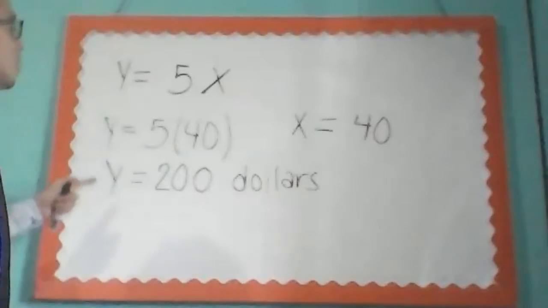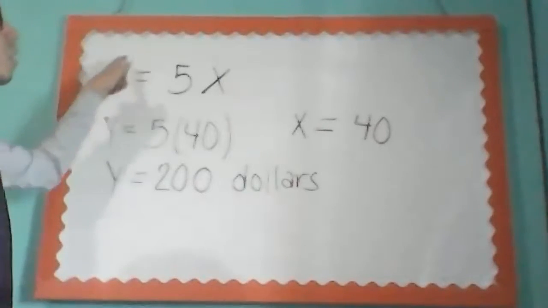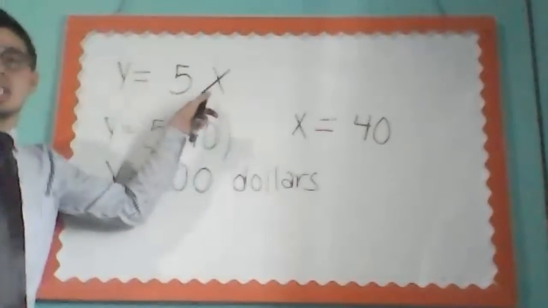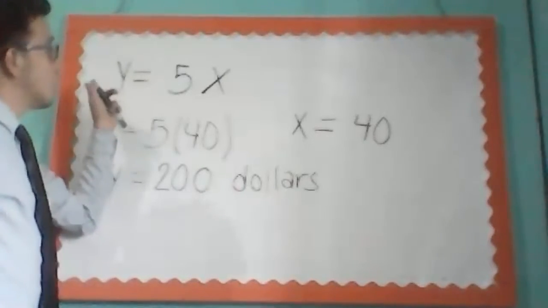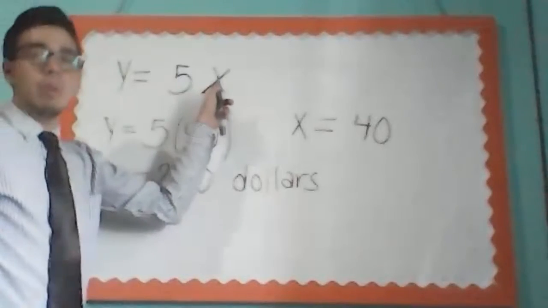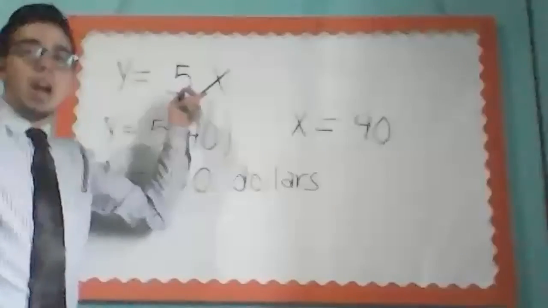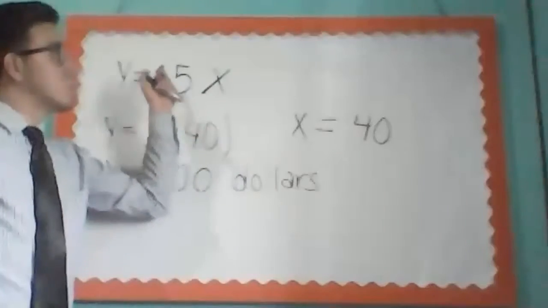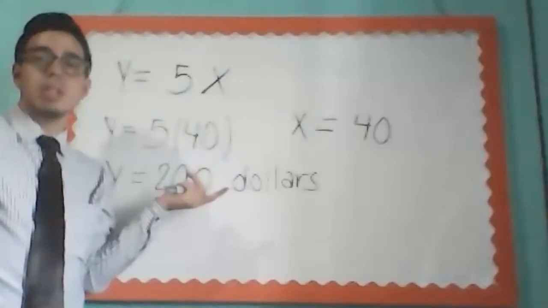For example, in this case, y depends on the value of the x to obtain a result. That's true because y changes if you have x equal 1 hour, it changes if you have x equal 3 hours, and it's going to change if you have x equal 200 hours.